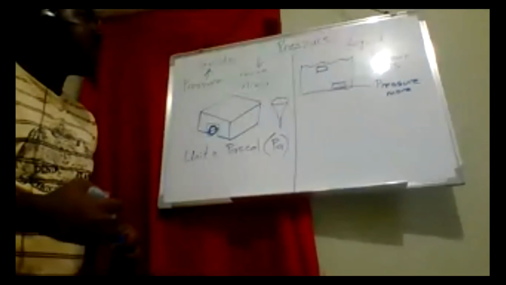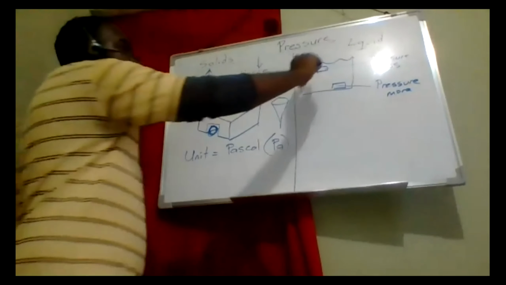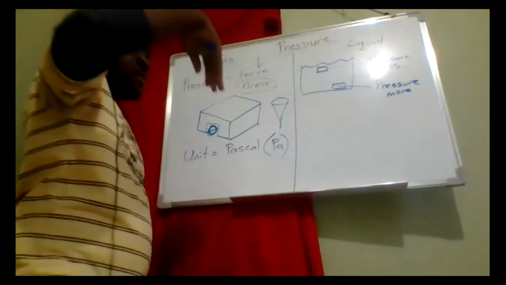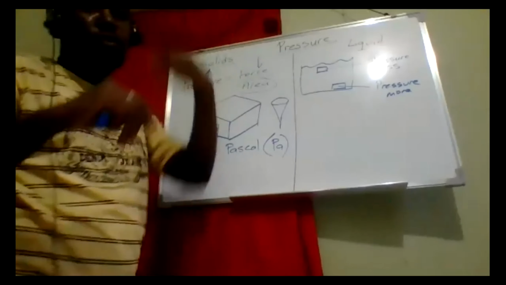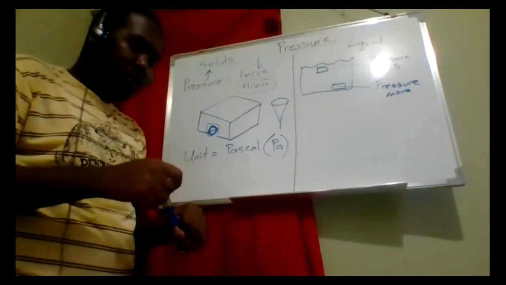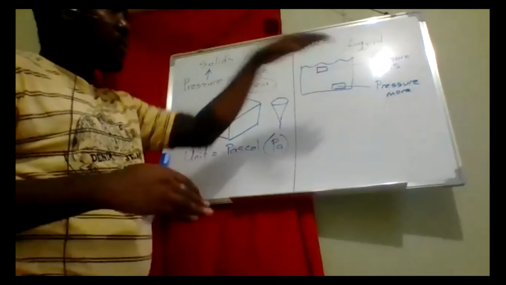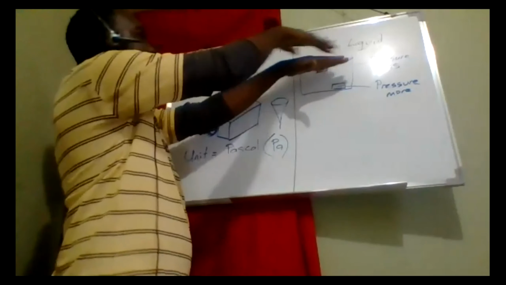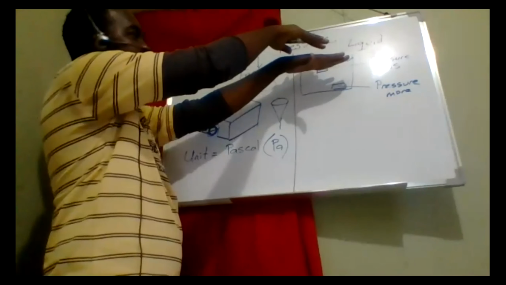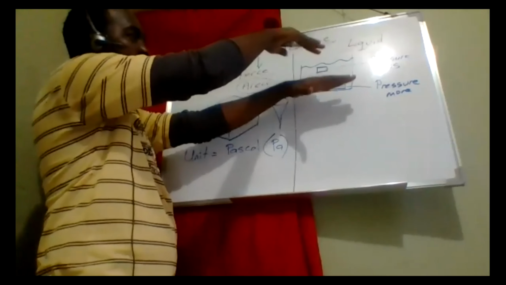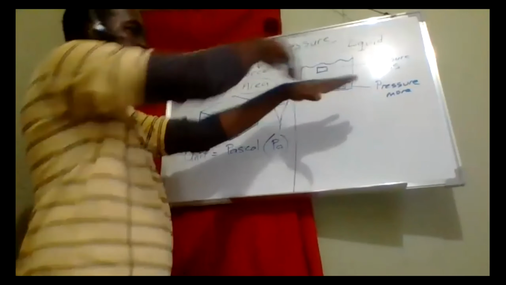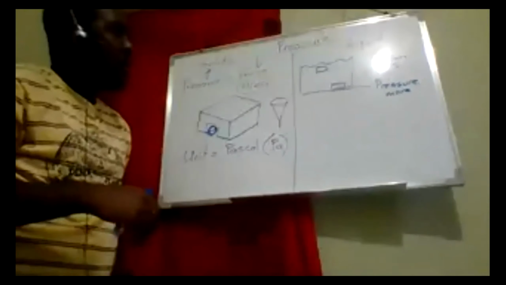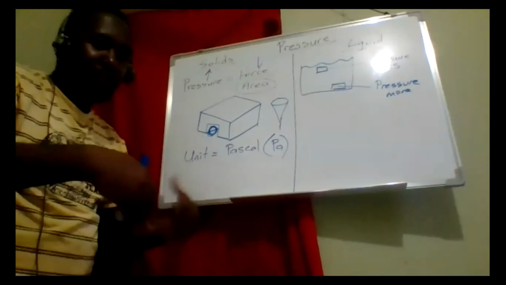And that's because the closer you are to the surface, the less amount of water is above you. So the water, or the liquid, is what's causing the pressure, right? So you're closer to the top, so you have a little bit of water pushing down on you. When you go further down, you have more water being compressed on you. So that means you have a greater pressure.